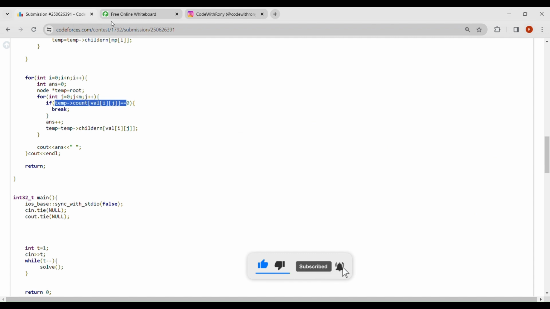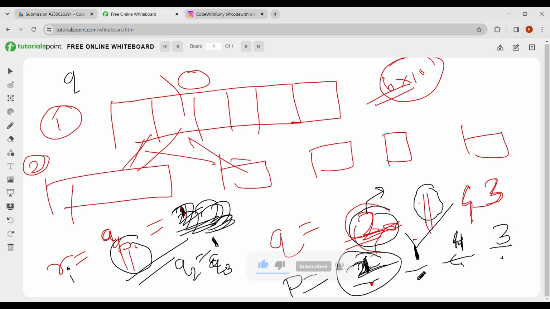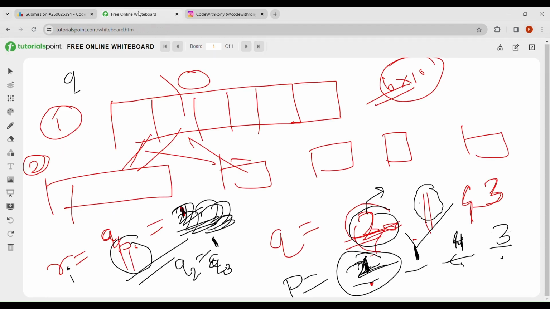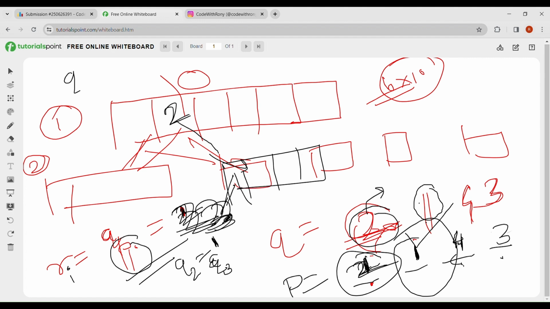If it exists, what we will do, we will do answer plus plus, and then we will move to that side. Suppose 2 exists, then we will check for 1, that for 2 at one position anything exists, count. If it exists, we will count plus plus and we will move forward.